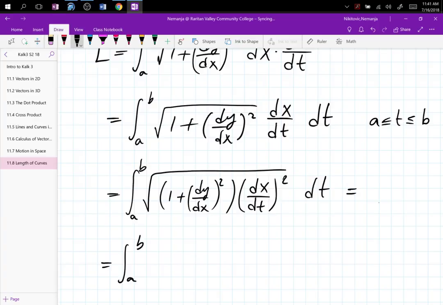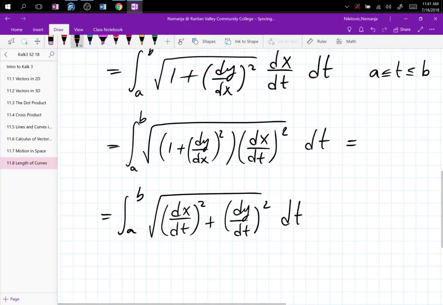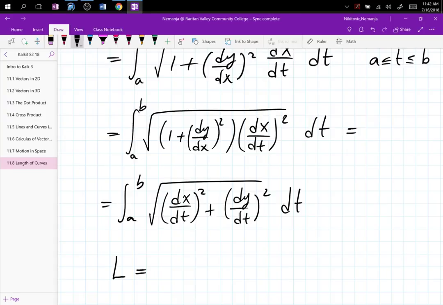That's equal to the integral from a to b, and when I multiply this, it will be dx dt squared plus, you see that dx squared and dx squared cancel, so it just becomes dy dt squared, dt. For the formula: a to b of the square root of the derivative of x with respect to t, which we'll call x prime of t squared, plus y prime of t squared, dt.